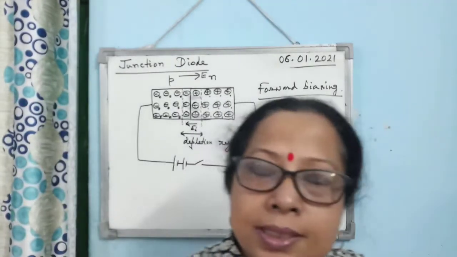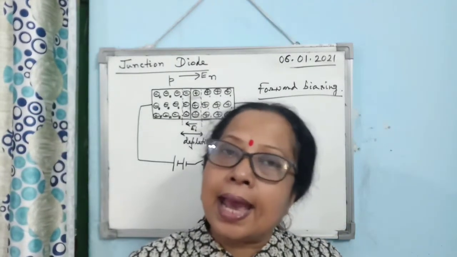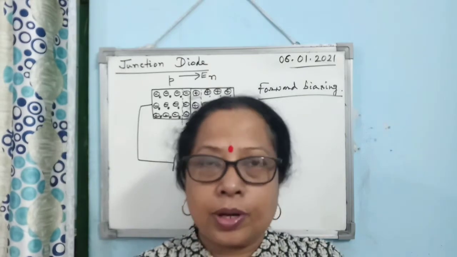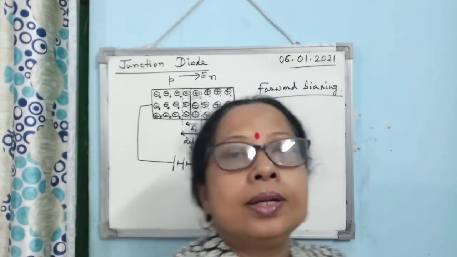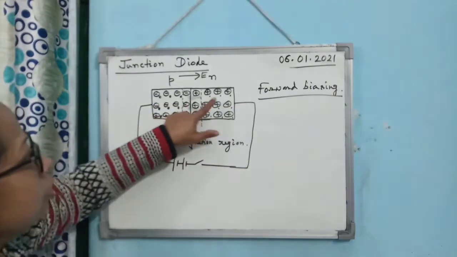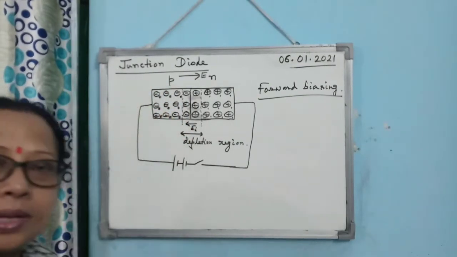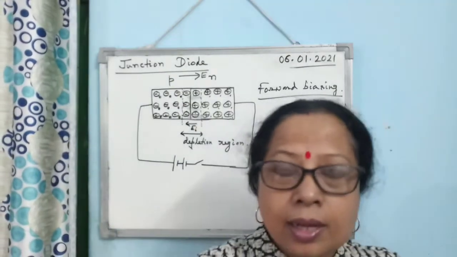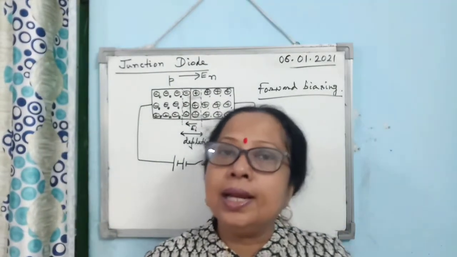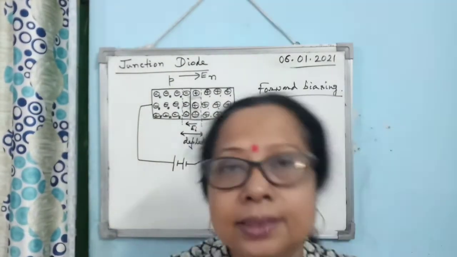They will cross the junction, recombine and be lost. First point. Second point: due to this, the concentration of hole will decrease in the P region.